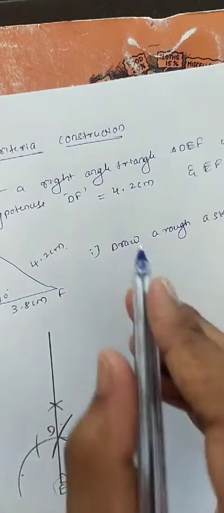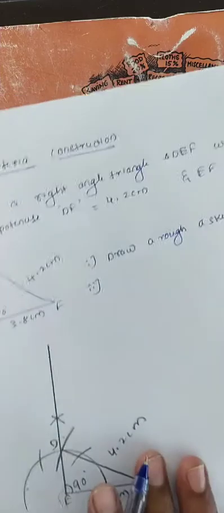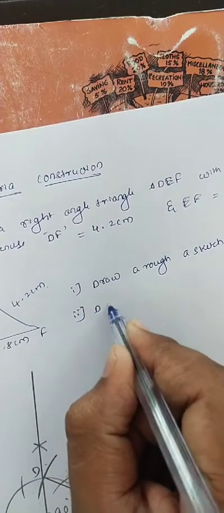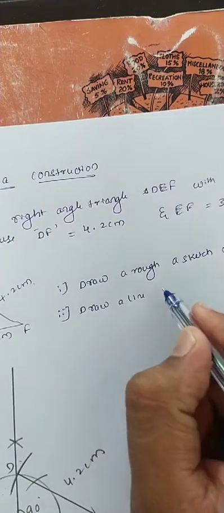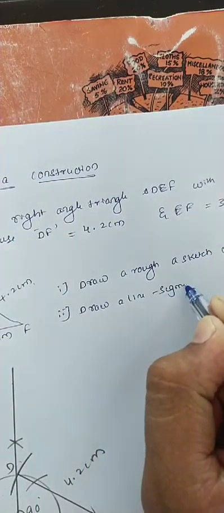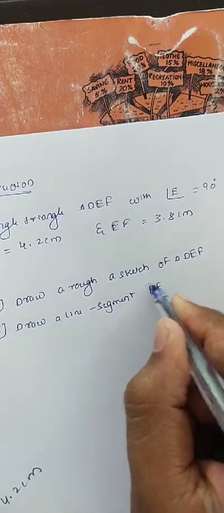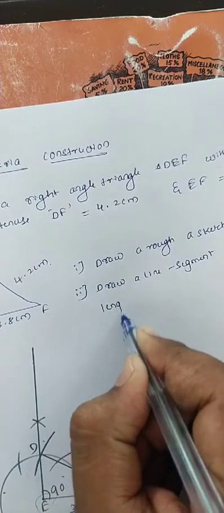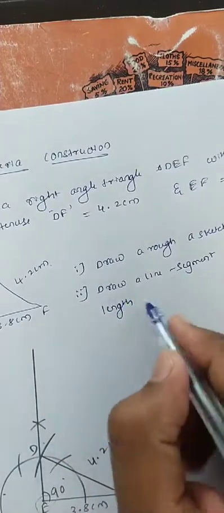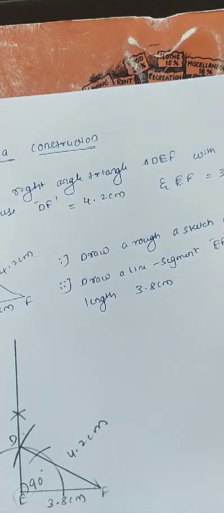So this is your first step. Second step, draw a line segment EF of length 3.8 centimeter. Okay, so this is your second point.